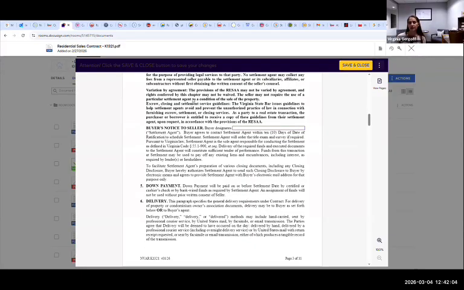Buyer notice to seller. So after the disclosure, buyer designates this title company as the settlement agent. Buyer agrees to contact the settlement agent within 10 days after verification to schedule settlement. I do not recommend that you wait the 10 days because scheduling settlement is one thing, but the title company does something much more important than that, which is to search the title and clear the title.